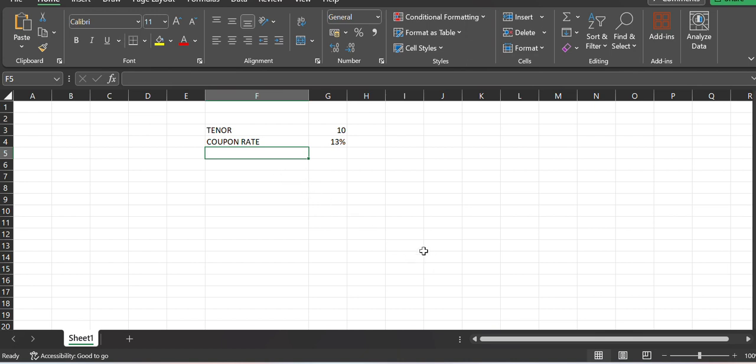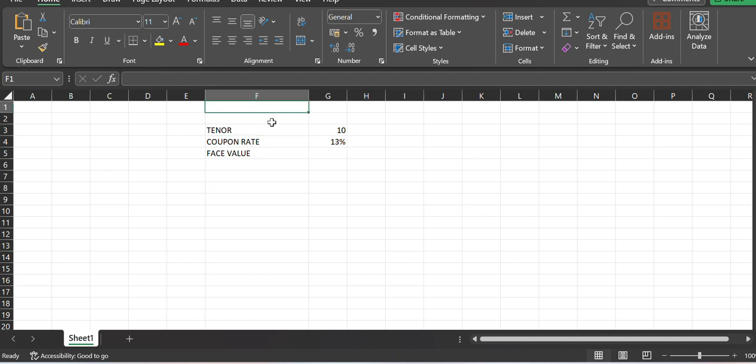Then I'm introducing you to this word, face value. Your face value is an amount that you will get after the tenor.